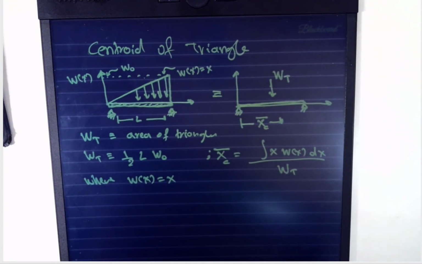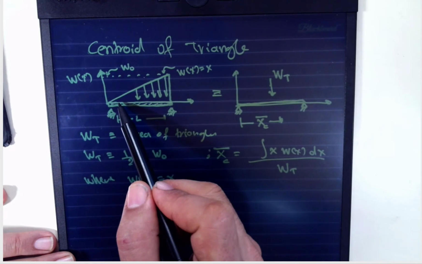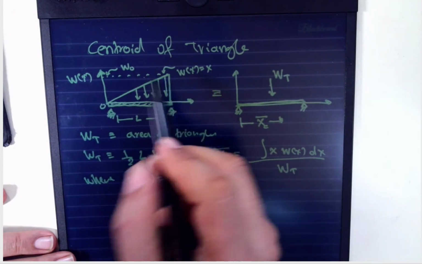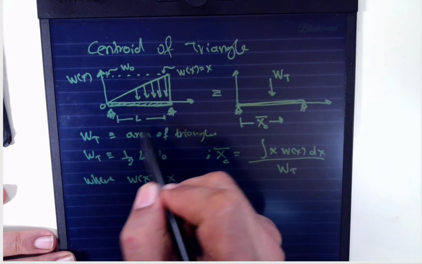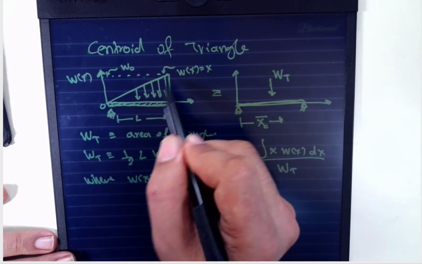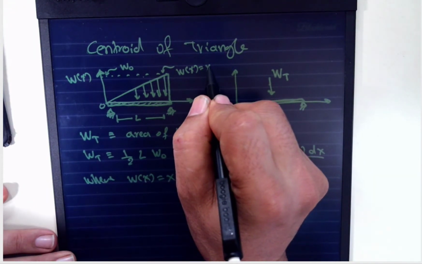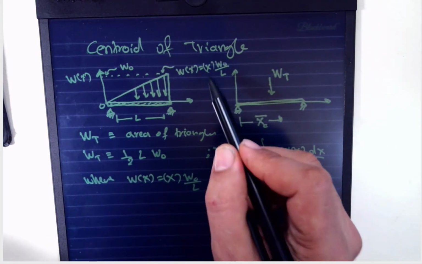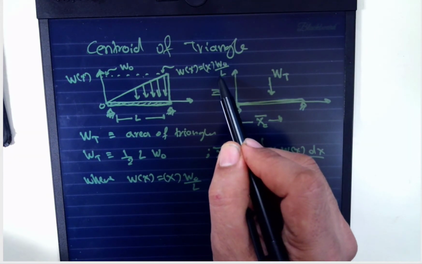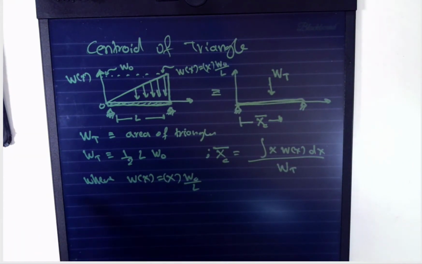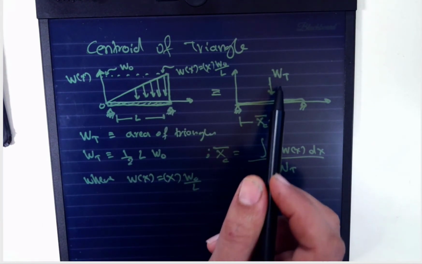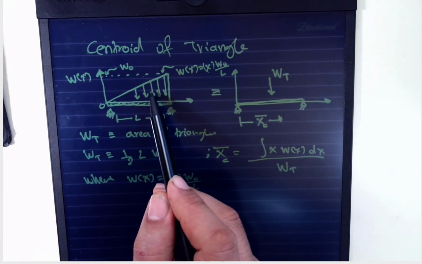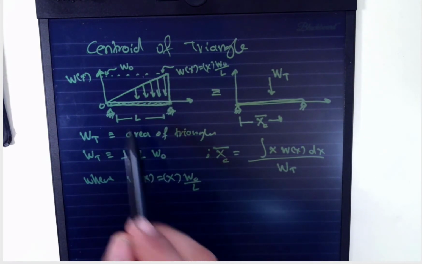Let's take the centroid of a triangle. We have a ramp distributed load increasing from 0 until a final value W naught at a length of L, which is a linear system described by a function, and that function is x multiplied by W naught over L. We want to find first the total force, which is the area under the function, the area of a triangle, half base times height, so it's half the length multiplied by the maximum value W naught.